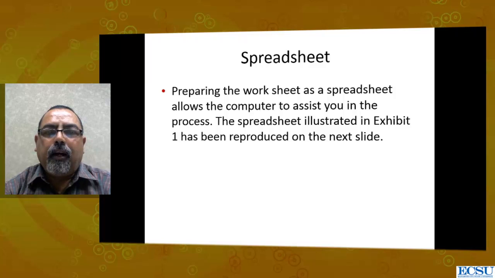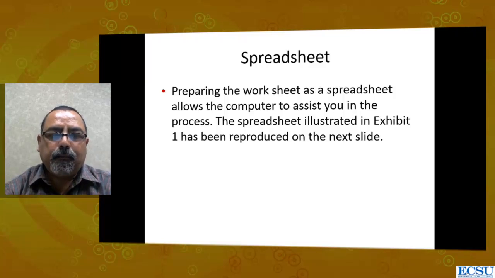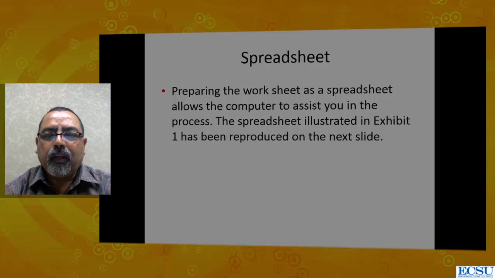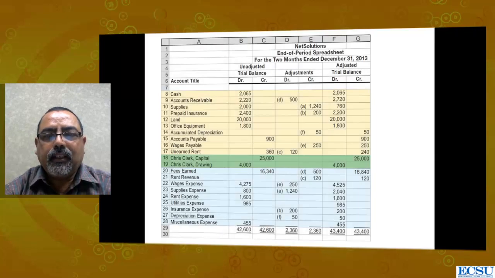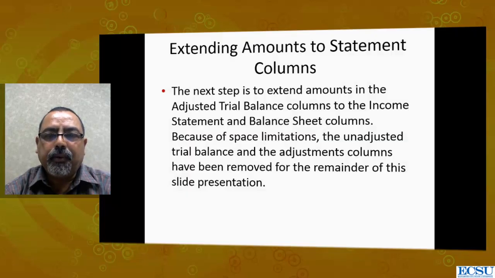So as I said to you, preparing the worksheet as a spreadsheet will allow the computer to assist you in the process. Now, this is the spreadsheet using Excel, and this is how it looks in a spreadsheet column. Now what we do is we extend the amounts to the statement columns.